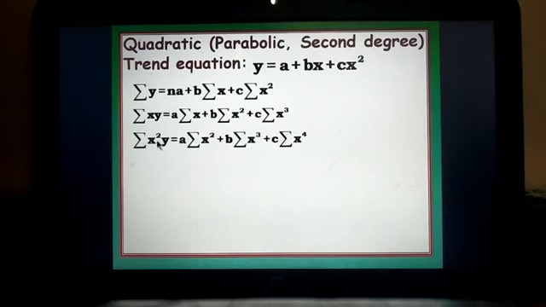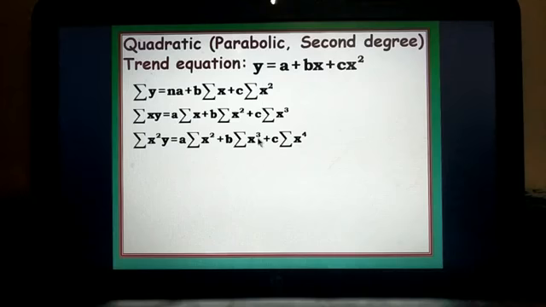Summation of x square y is equal to a summation of x square, plus b summation of x cube, plus c summation of x to the power 4, since x square multiplied by x square will become x to the power 4.